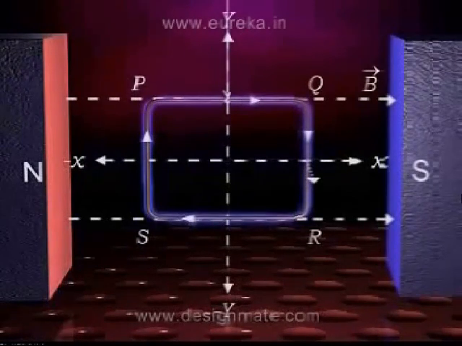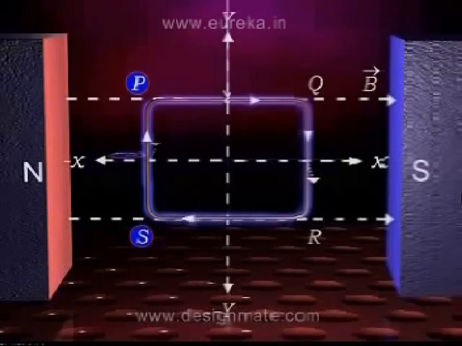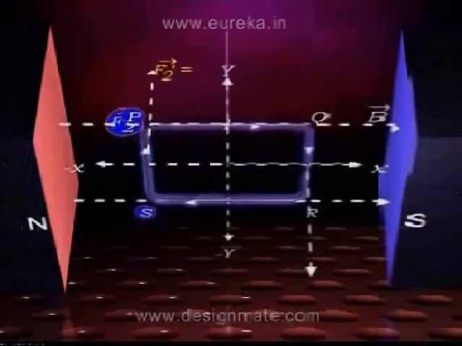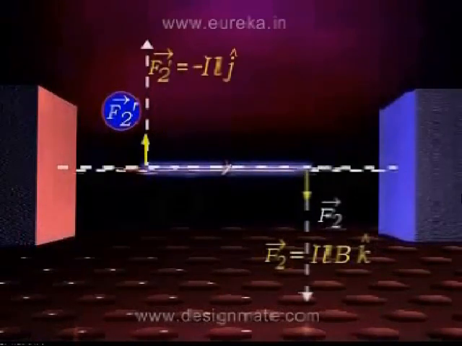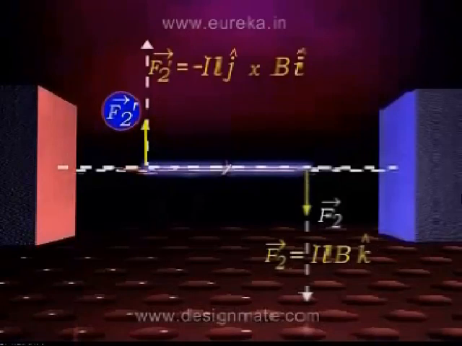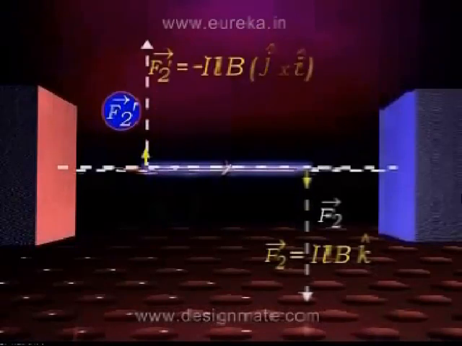Similarly, the force acting on the element SP is vector F2 dash equals I times L times j cap vector cross B times i cap vector. That is equal to minus I times L times B times k cap vector.